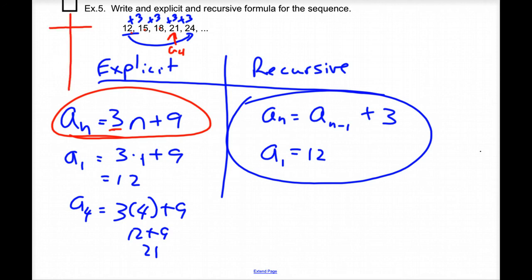I can think of this as an XY chart. My first term is 12, my second term is 15, my third term is 18, fourth is 21. Hopefully you can say, oh, look, it's got a rise of 3 and a run of 1. That means it's linear. Okay, and you can see this is a linear situation. That's like mx plus b. But again, more on that in section 9.2.